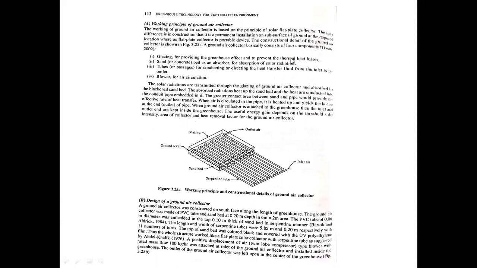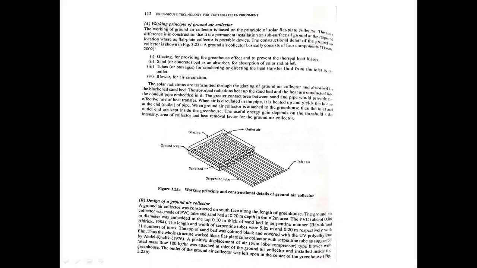The solar radiations are transmitted through the glazing of the ground air collector and absorbed by the blackened sand bed. The absorbed radiations heat up the sand bed and heat is conducted into the conduit pipe embedded in it. The greater contact area between sand and pipe provides an effective rate of heat transfer when air is circulated in the pipe, which is heated up and yields hot air at the end outlet of the pipe.